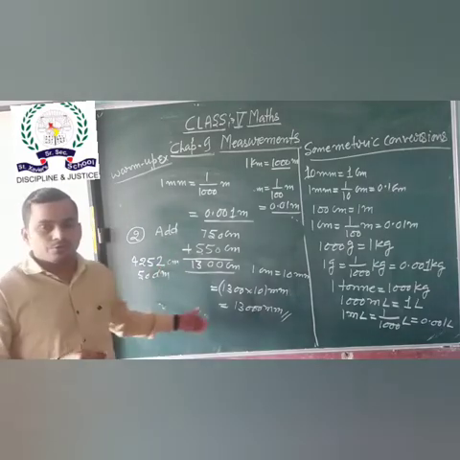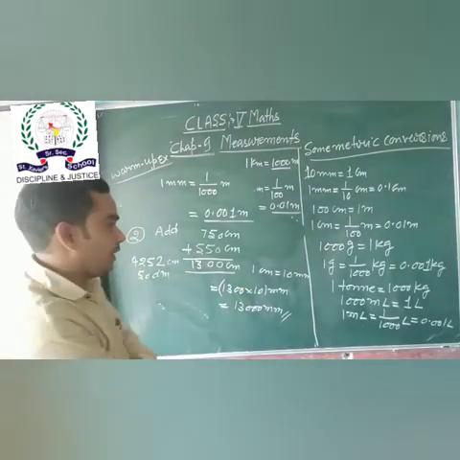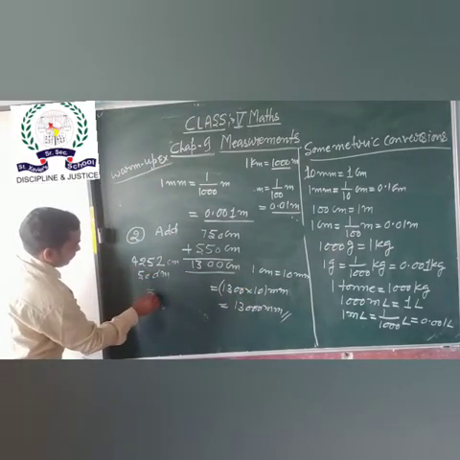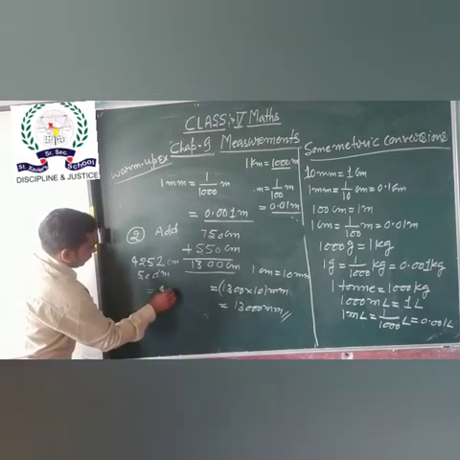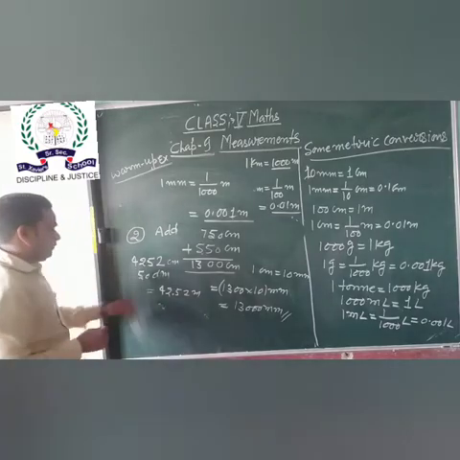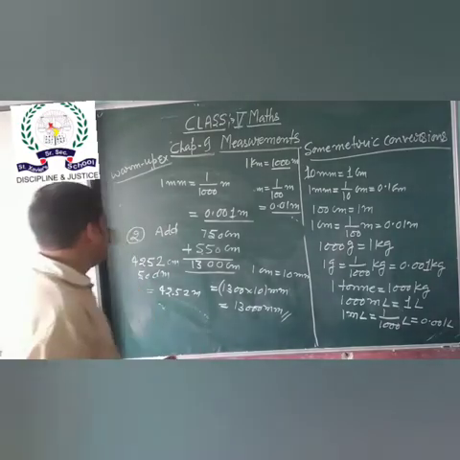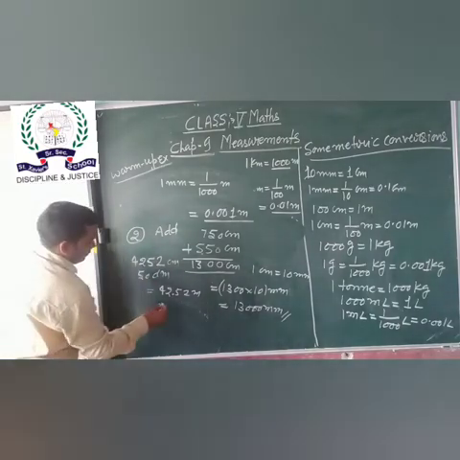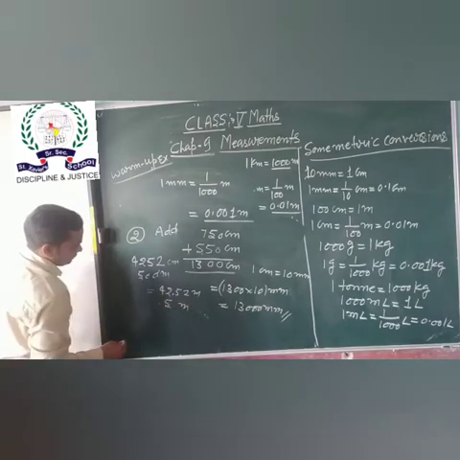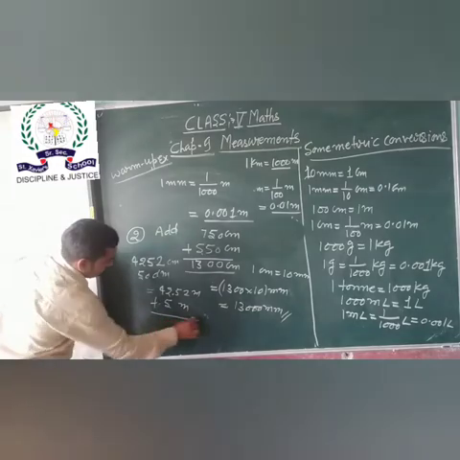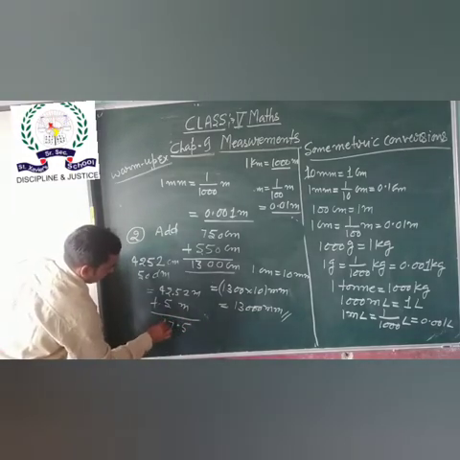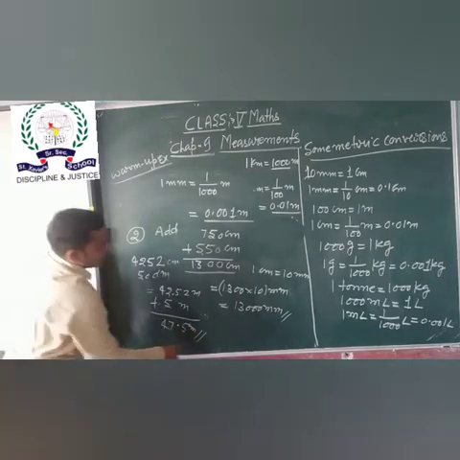So convert both the units in meter, then add. 4252 centimeter equal in meters 42.52 meter, and 50 decimeter is 5 meter. Then add 0.5, 5 plus 2 is 7 and 4. 47.5 meter.